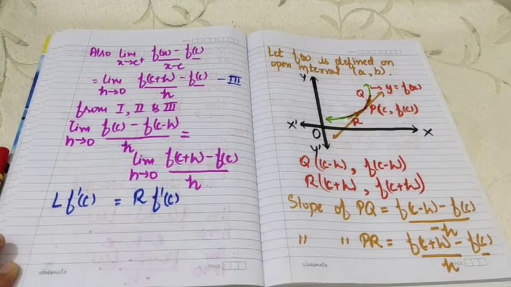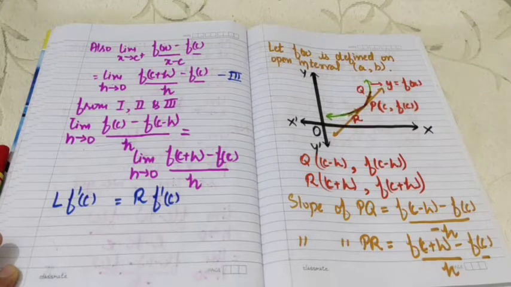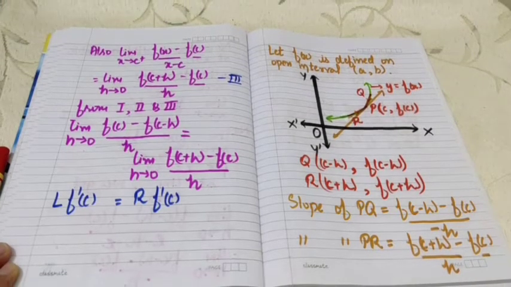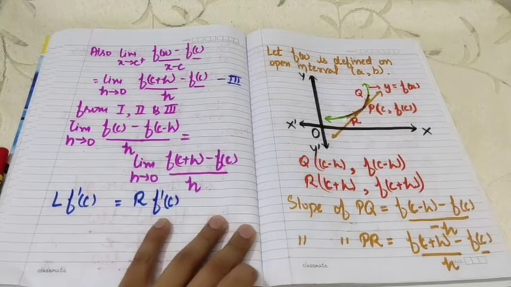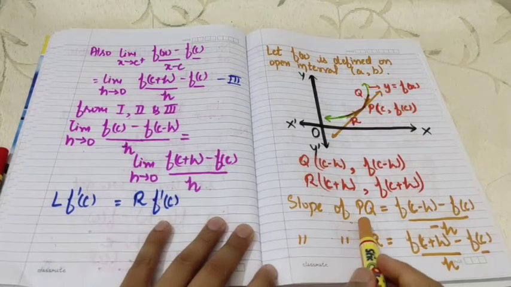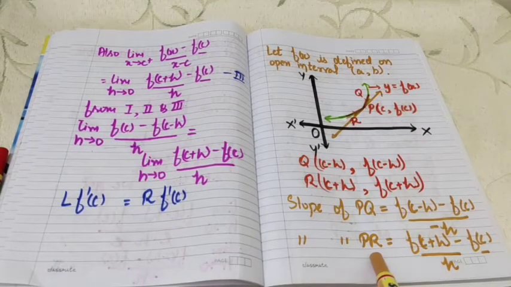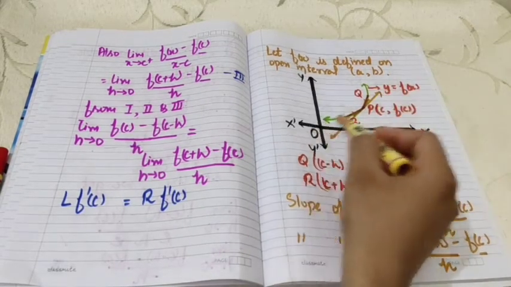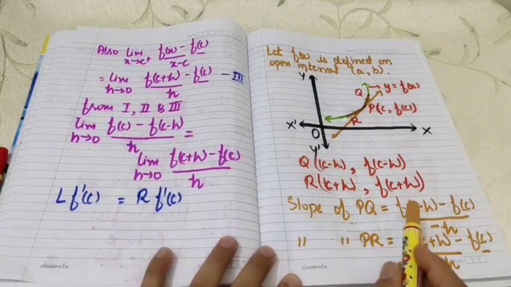As both Q and R are tending to point P from the left hand side and right hand side respectively, both chords PQ and PR will become tangent at point P. Since both chords become tangent to the same curve at the same point, their slopes will be the same. That is why we can equate these two.